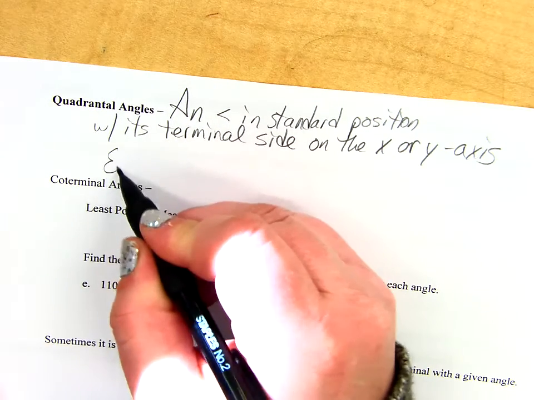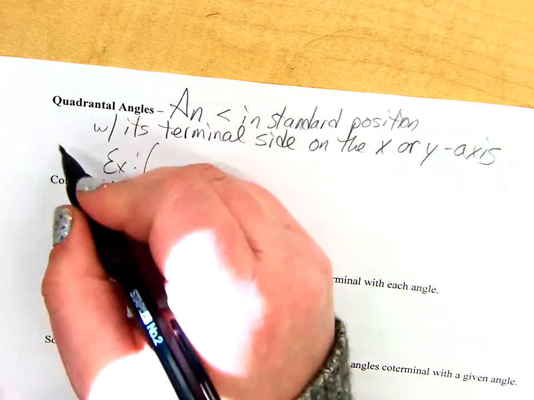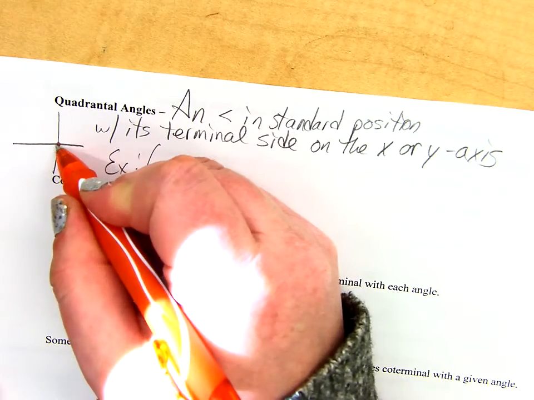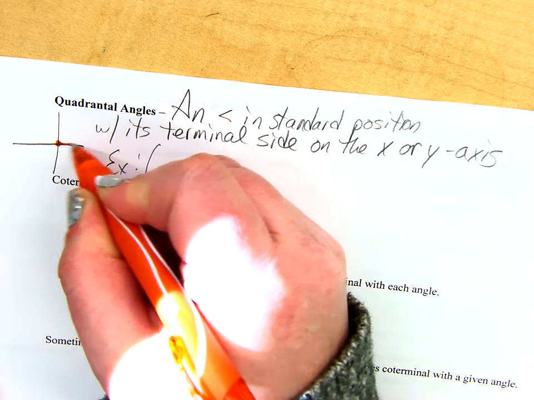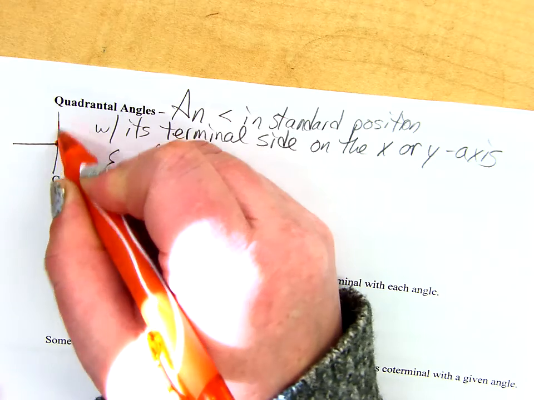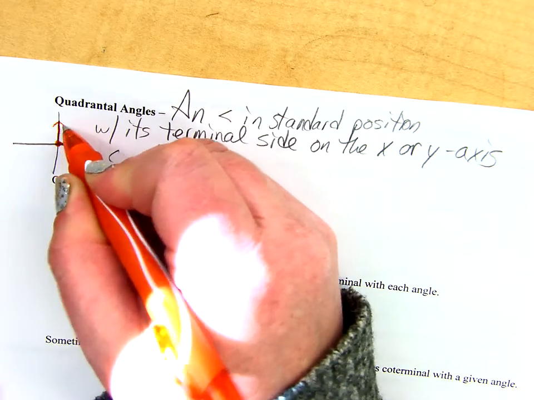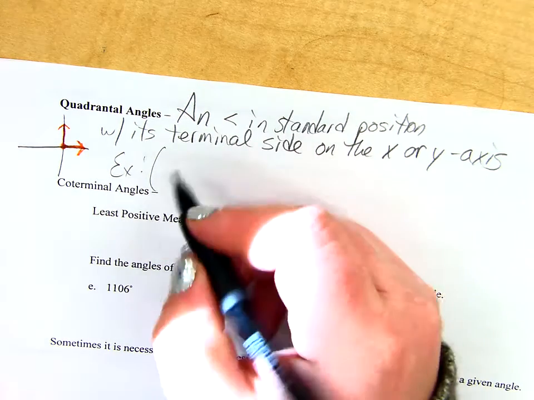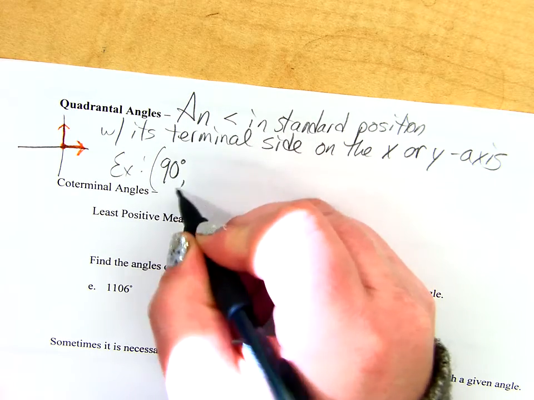So for example, if you think about this angle, if it's in standard position, it'll have its vertex here, initial side along the x-axis. What's the measure of this angle? 90 degrees, right? So there's one quadrantal angle.